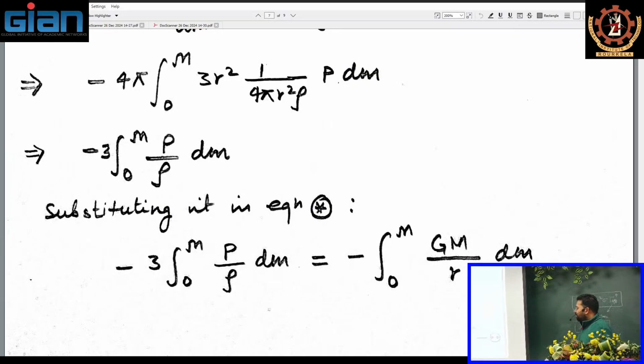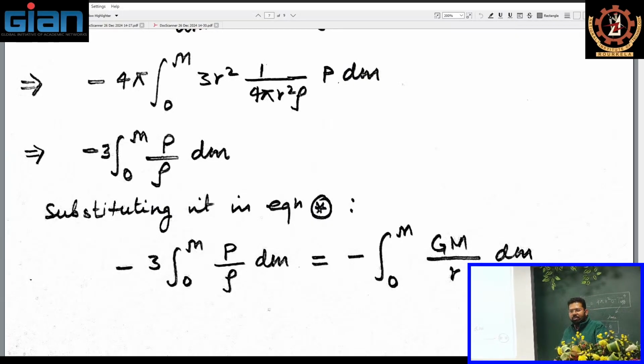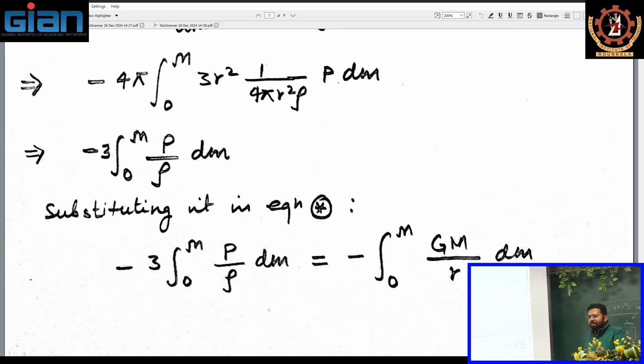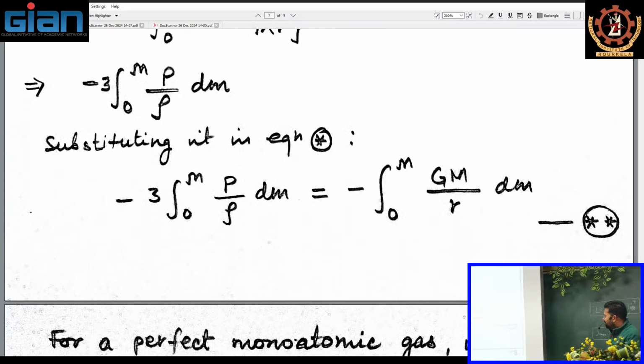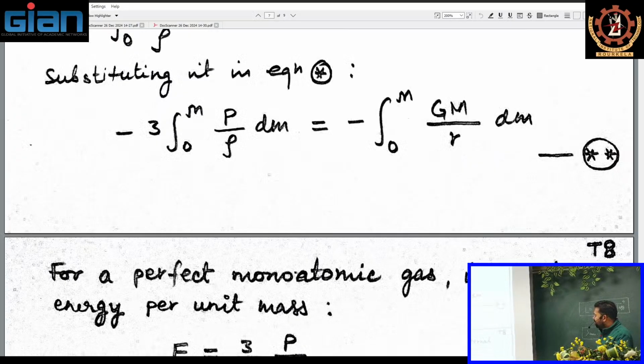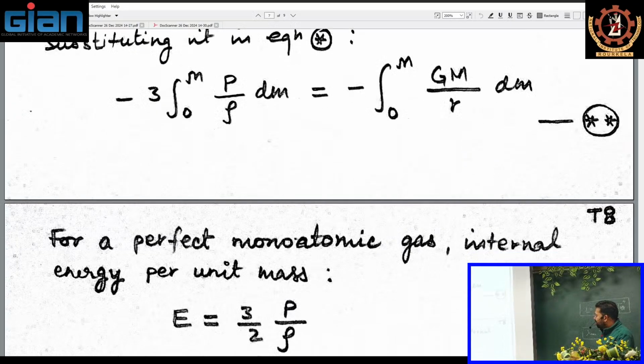Now if you look at the left hand side and right hand side, can you guess what kind of quantities we are dealing with at the moment? Okay.